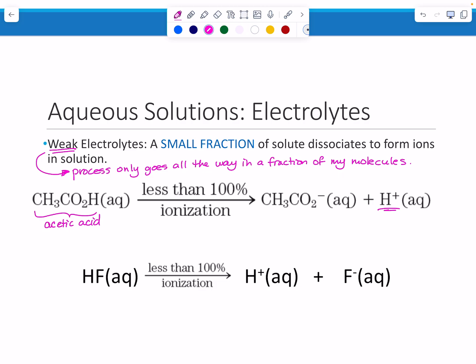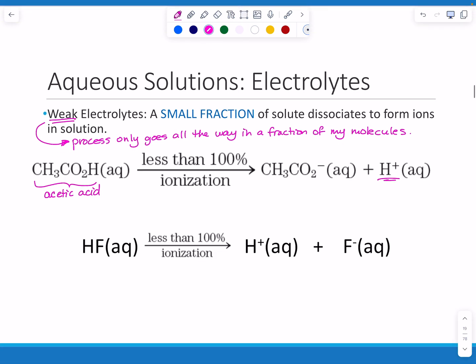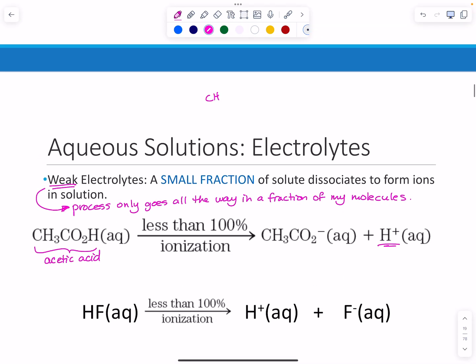So let's see if we can draw this out. Let's make CH3CO2. I'm going to draw an assortment of my molecules.